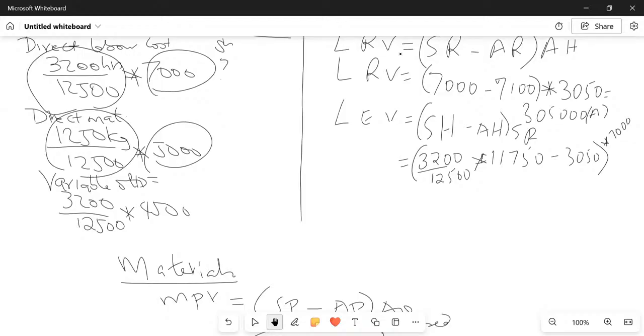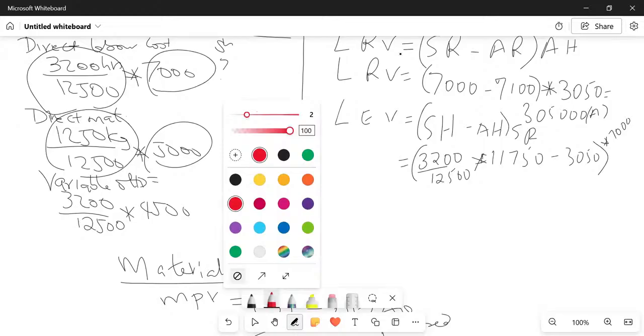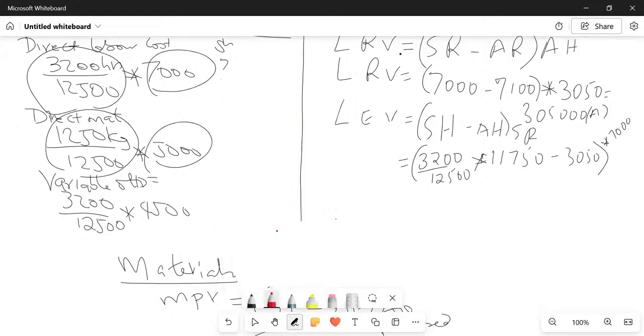Let me give you a secret. These ones are hours, standard hours. And this is standard variable overhead per what here, somebody? Per hour. These are kgs, what we call the standard quantity per unit, and this is the standard price.